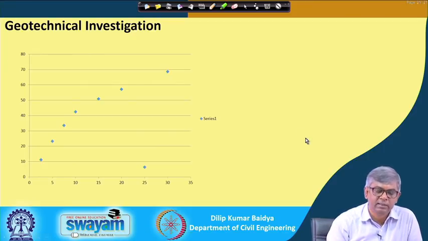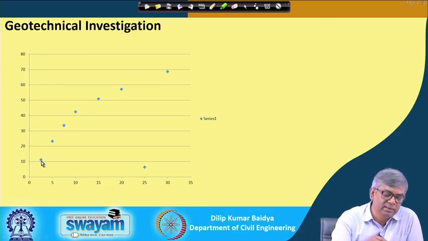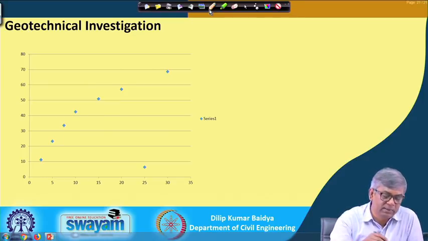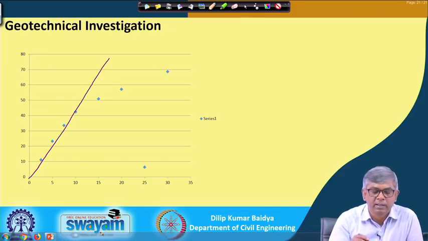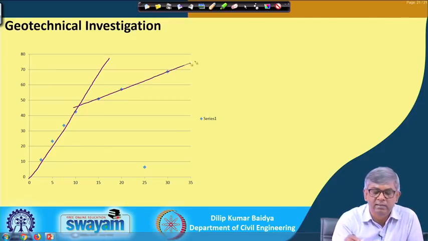You can see the Excel plot came like this. These are 4 points, by and large a straight line. And another 3 points, again by and large a straight line.